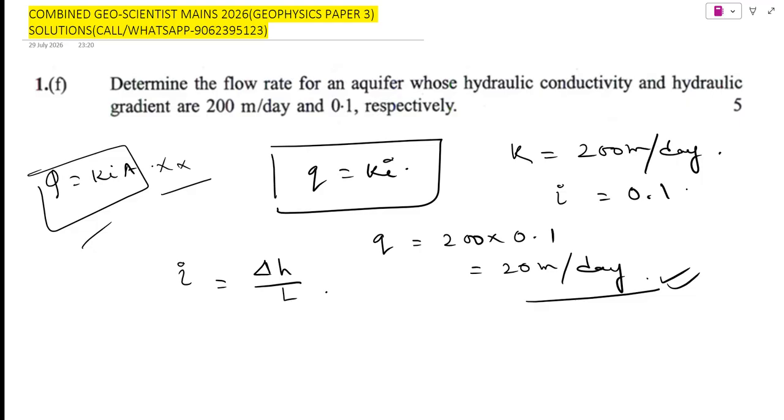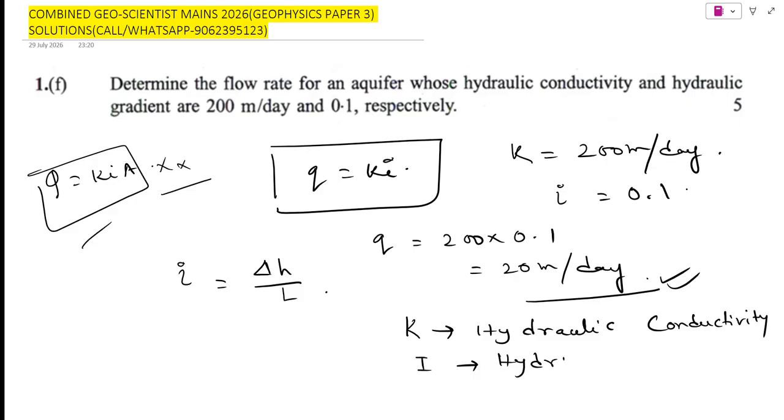So basically, remember, K is the hydraulic conductivity, i is the hydraulic gradient, and S is the specific discharge.